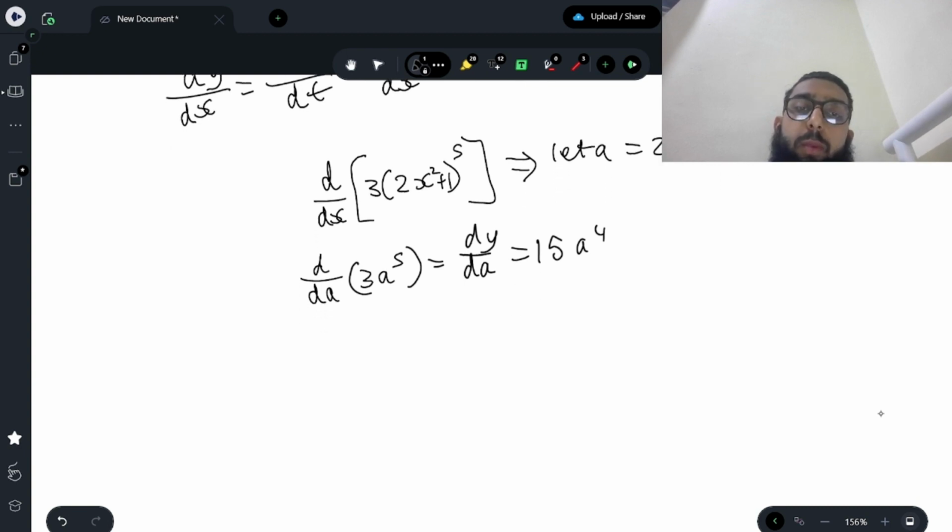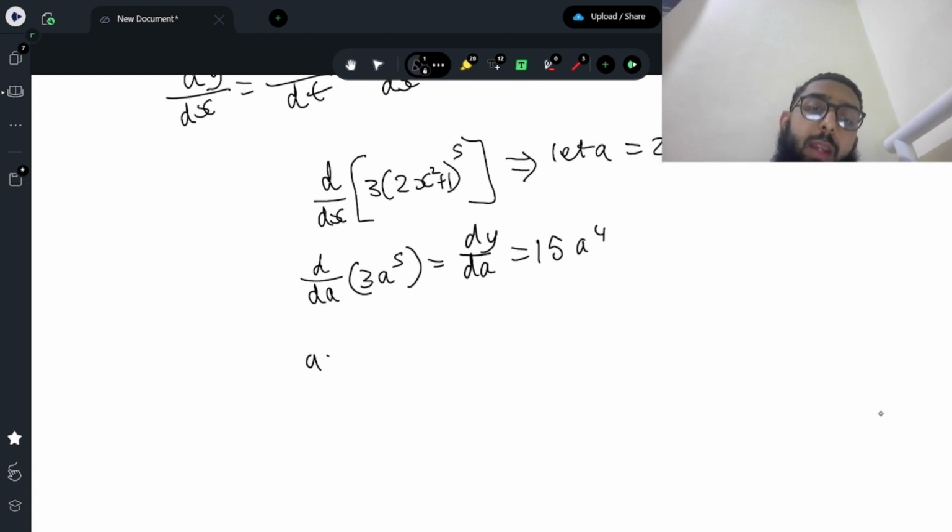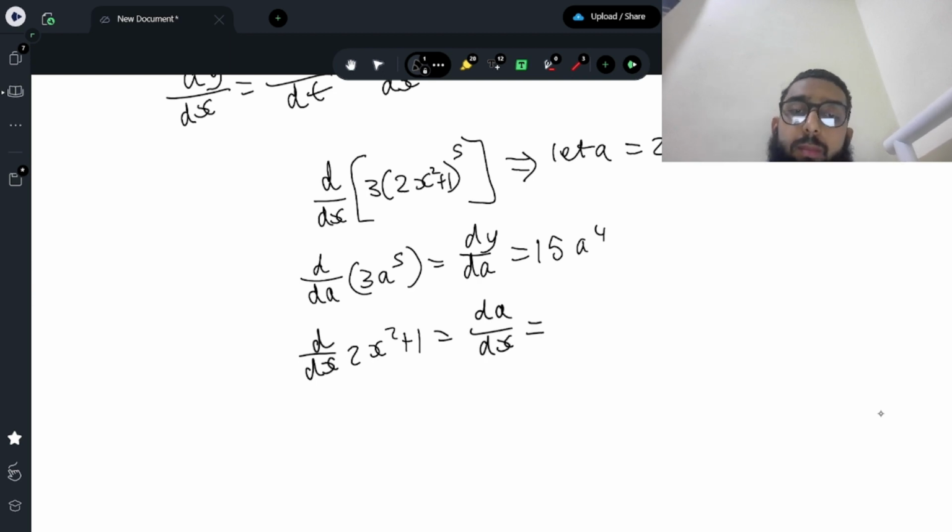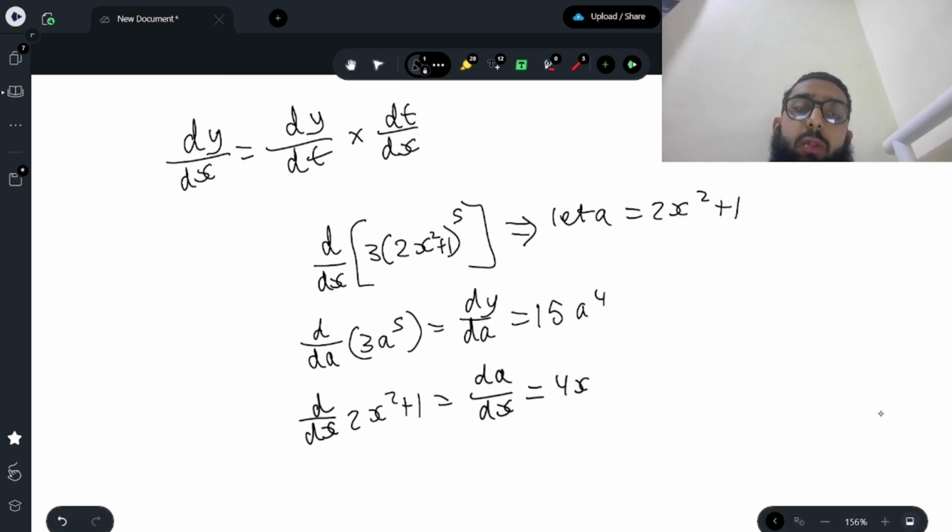Then we take this a equals 2x squared plus 1. So if we take the derivative with respect to x, that will give us da over dx, which equals 4x. So now we can use this rule.